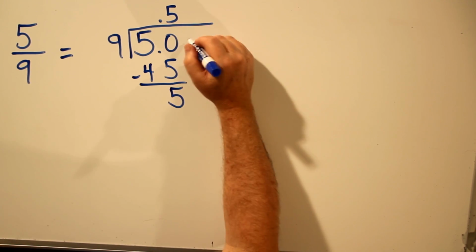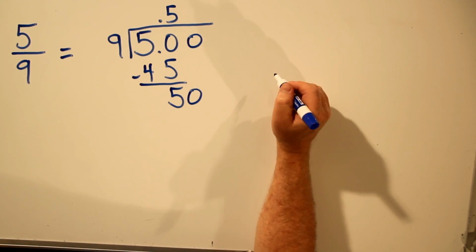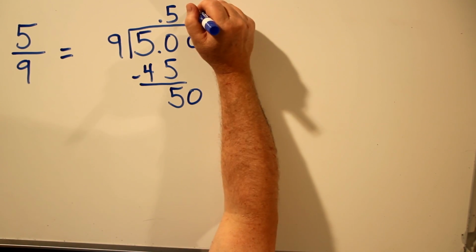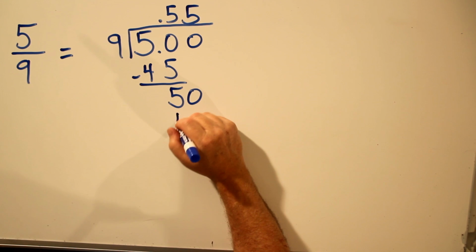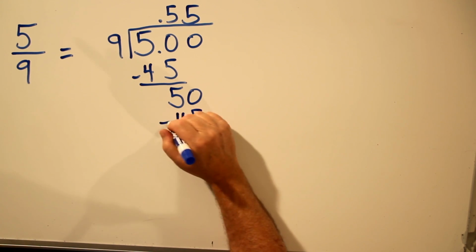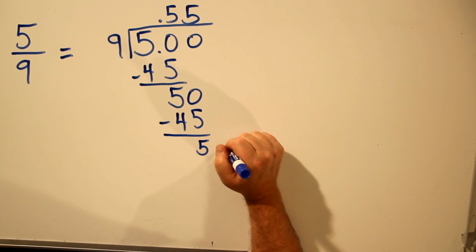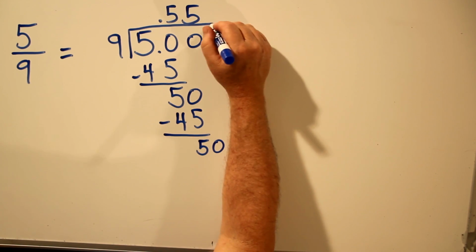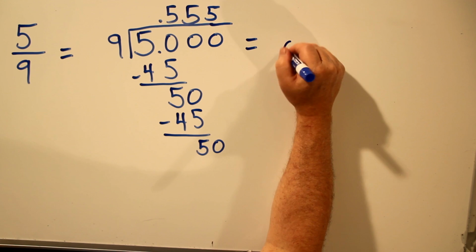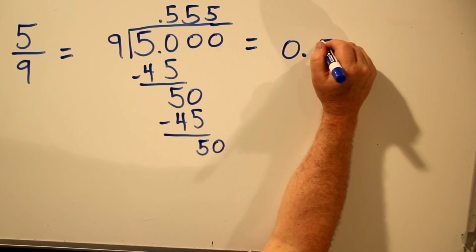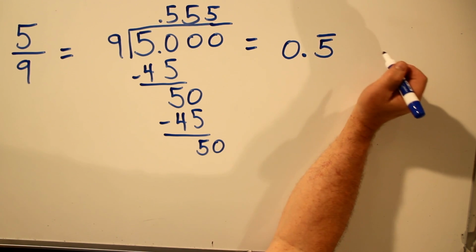That's what we started with. If we're writing down another 0, 9 goes into 50 5 times. 5 times 9 is 45. Subtract, remainder 5. Okay, can you see what the pattern is already? 5 is going to repeat. As a repeating decimal, it looks like this.